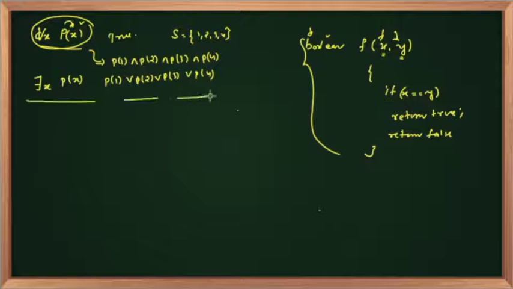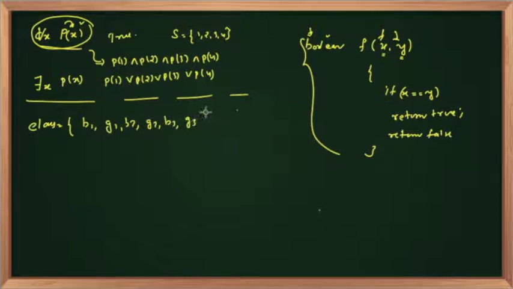We will have a lot of questions related to converting an English sentence to a predicate, so we should understand one thing. For example, let's assume you have a class and this is your domain, and you have some boys and girls: B1, G1, B2, G2, B3 and G3.